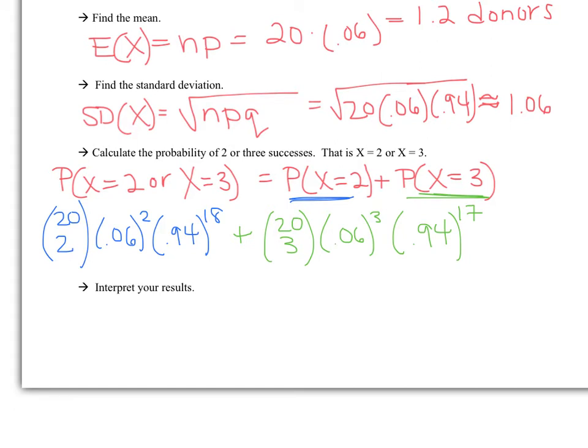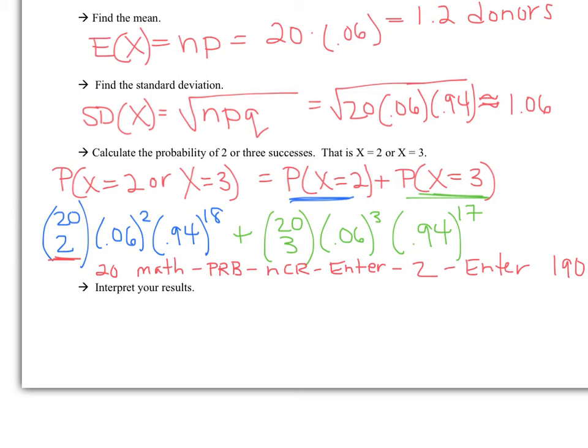Now, if you don't remember how to find 20 choose 2 in your calculator, you're going to hit 20 because we want that first. Then you're going to go to math, scroll over to probability, PRB, go down till you see nCr, hit enter, plug in 2, and once you hit enter again, you get 190.